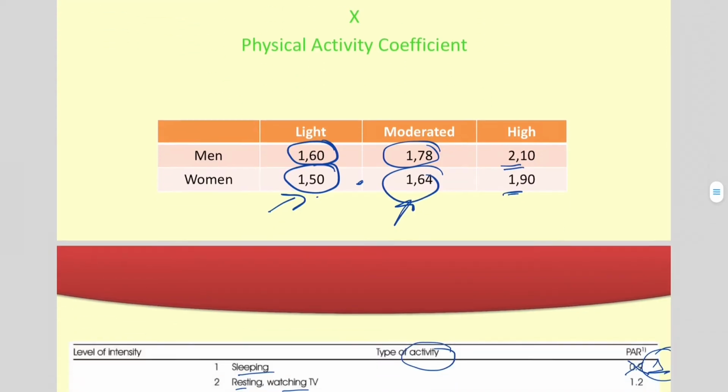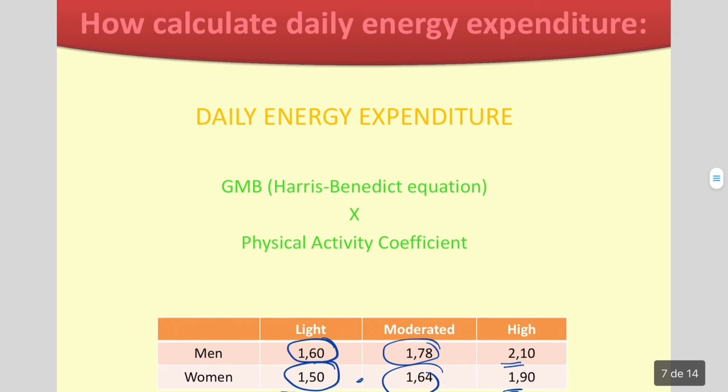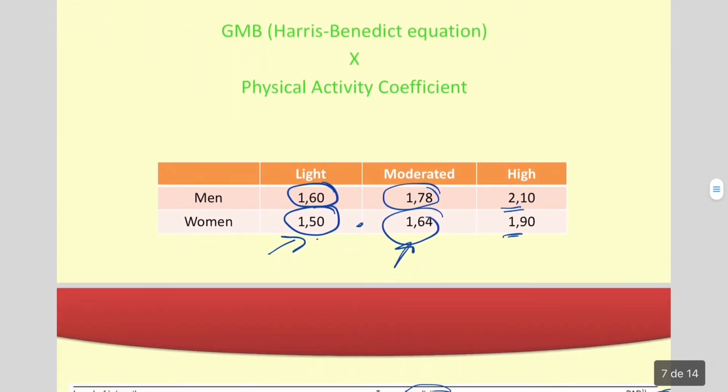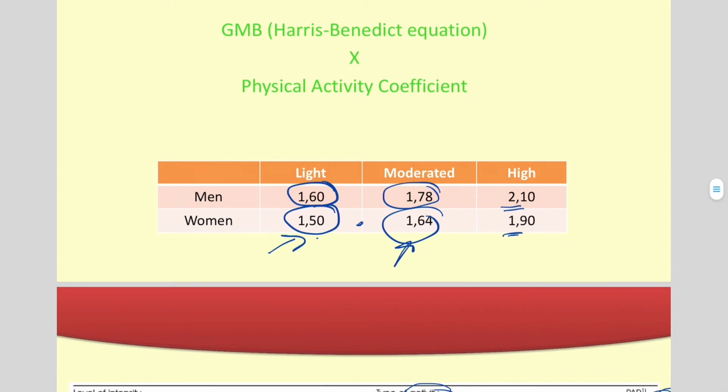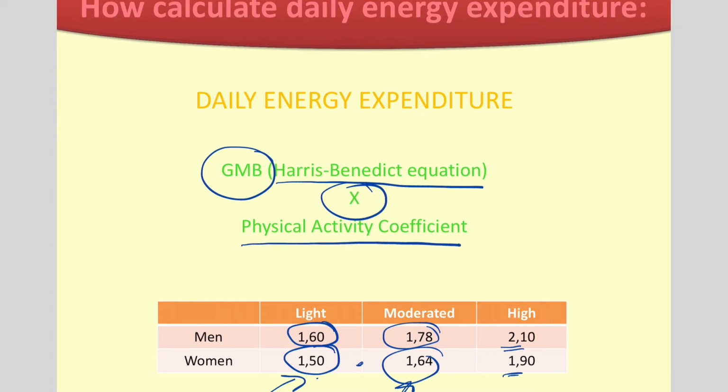So we have two ways of doing it. Nevertheless, independently of the way we use, the number we obtain, we'll have to multiply it per Harris-Benedict equation. We will calculate our basal metabolic rate with the Harris-Benedict equation, and we will multiply it per physical activity coefficient.